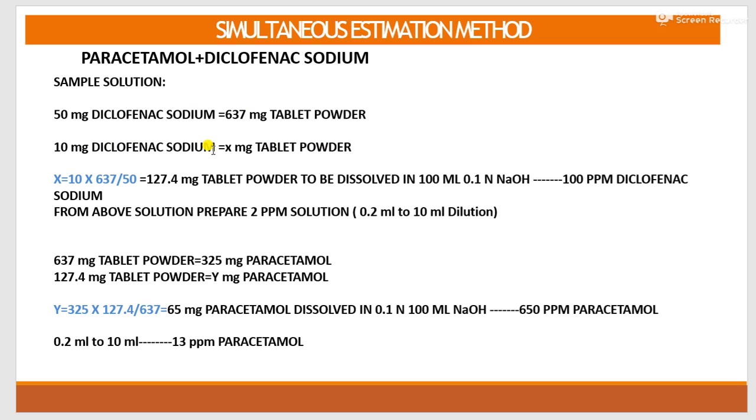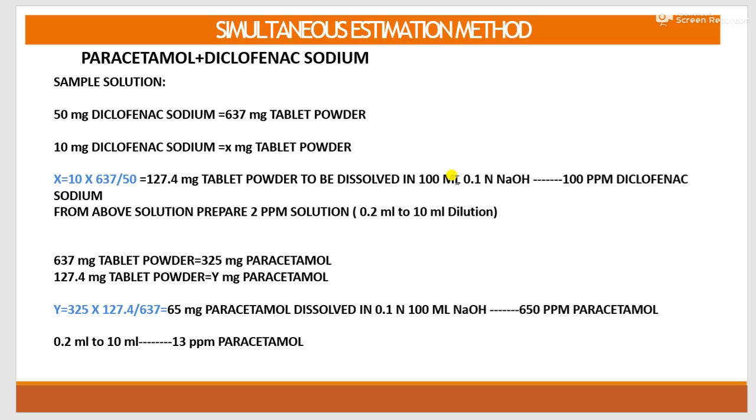So what is X? It means for 10 milligram of diclofenac sodium, how much tablet powder is required. X is 10 into 637 upon 50, which is equal to 127.4 milligram of tablet powder, and it is transferred to a 100 ml volumetric flask.